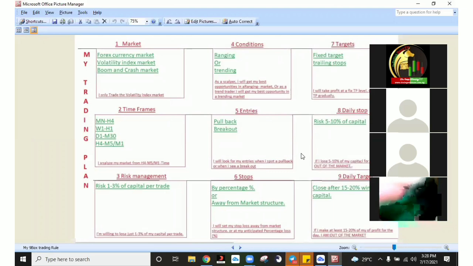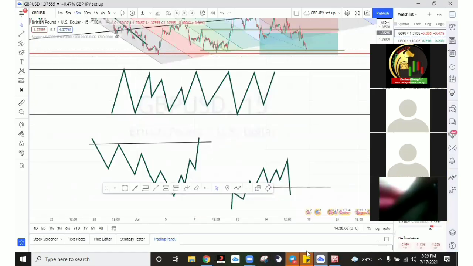As a trending trader, everybody has their different skills in their various fields. A trending trader cannot challenge a scalper in a ranging market, and a scalper cannot challenge a trending trader in a trending market. Because what's the difference? I'll show you the difference.